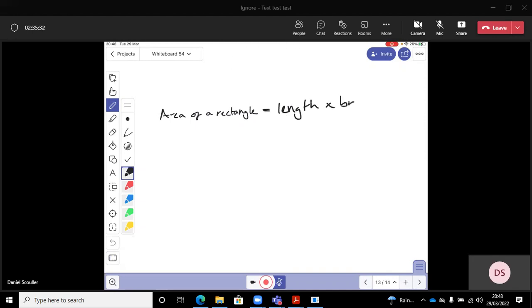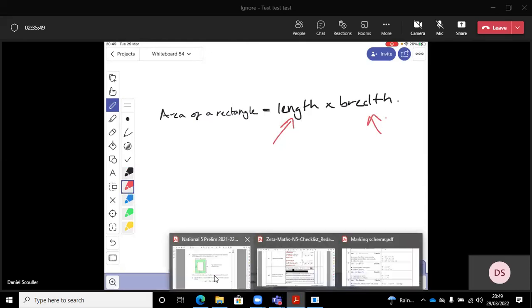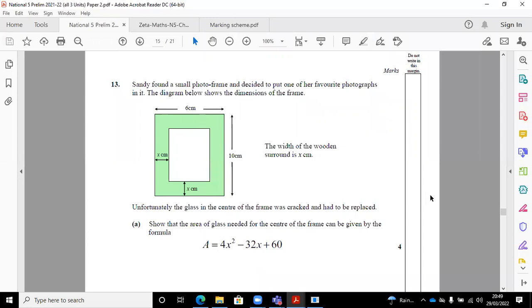Times the breadth. So we're looking for an expression for the length and an expression for the breadth for the inside shape.